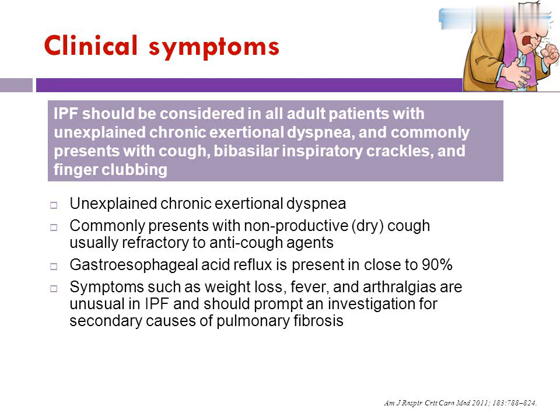Gastroesophageal acid reflux is present in close to 90%. Symptoms such as weight loss, fever, and arthralgias are unusual in IPF and should prompt an investigation for secondary causes of pulmonary fibrosis. Am J Respir Crit Care Med 2011, 183:788-824.